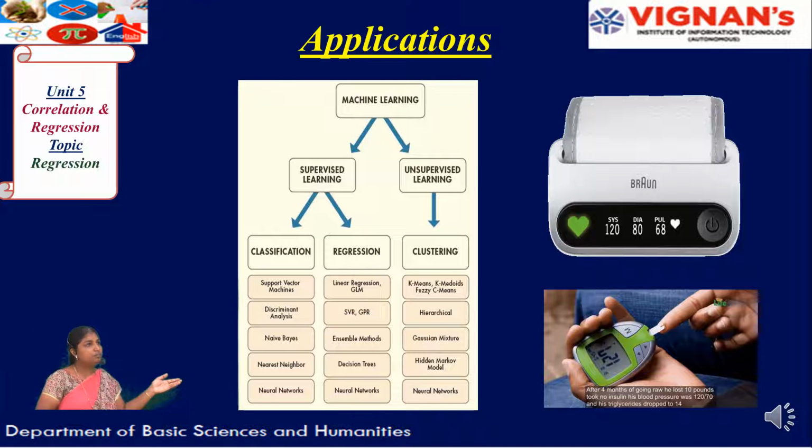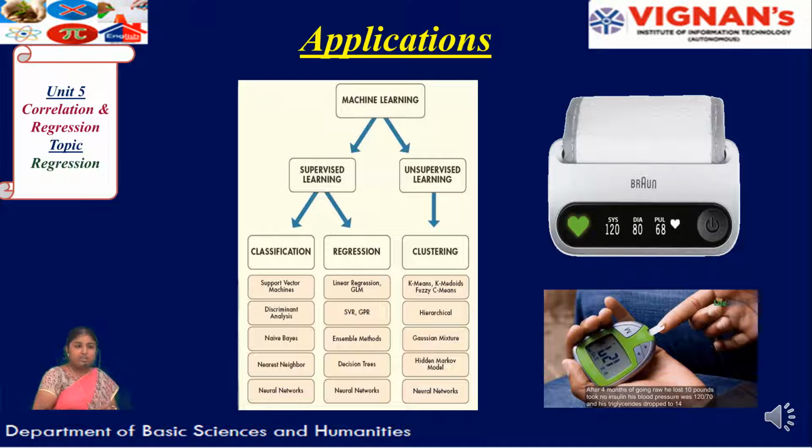It is the same in a sugar level machine: if you give a blood sample, we get an output using regression analysis. These two we design using machine learning. In machine learning, in all such cases, we can predict the output using regression analysis only, right?